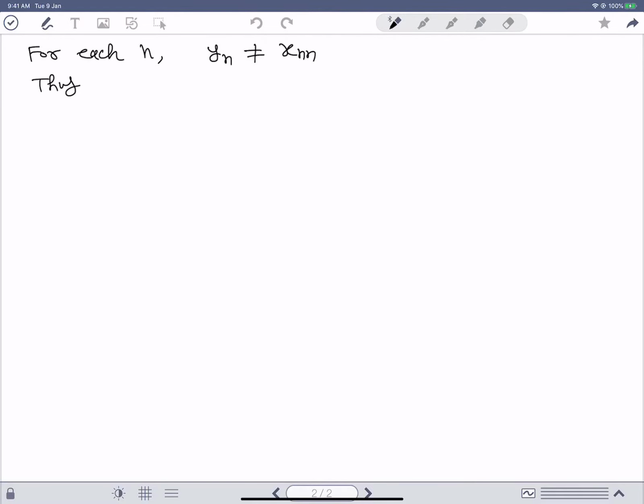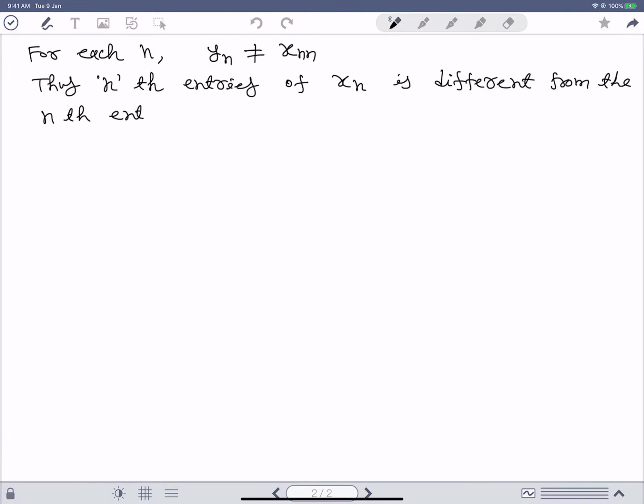Thus we can say the nth entry of xn is different from the nth entry of y, right? Therefore y is not equal to xn for all n belonging to natural numbers.